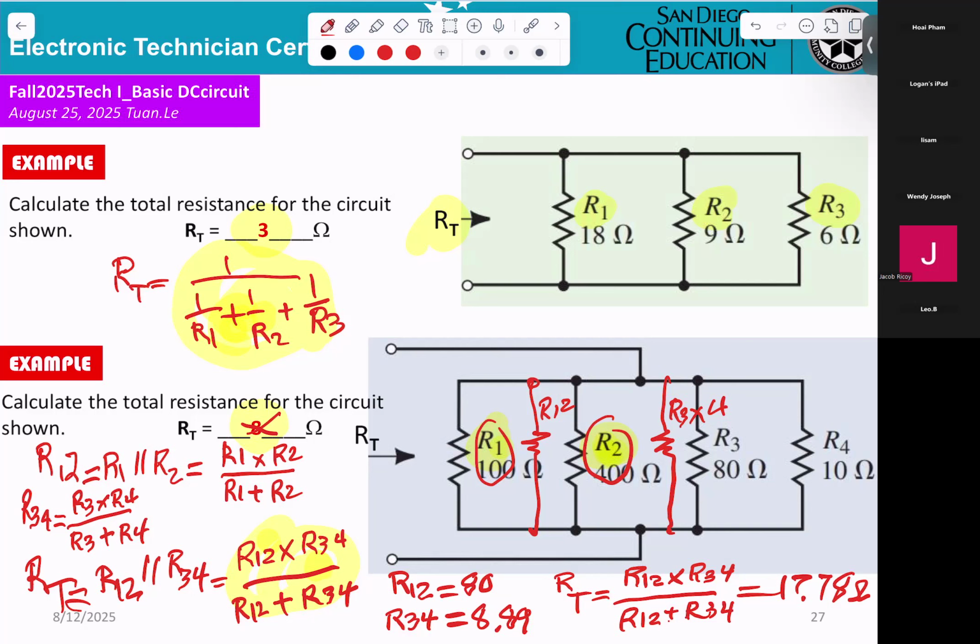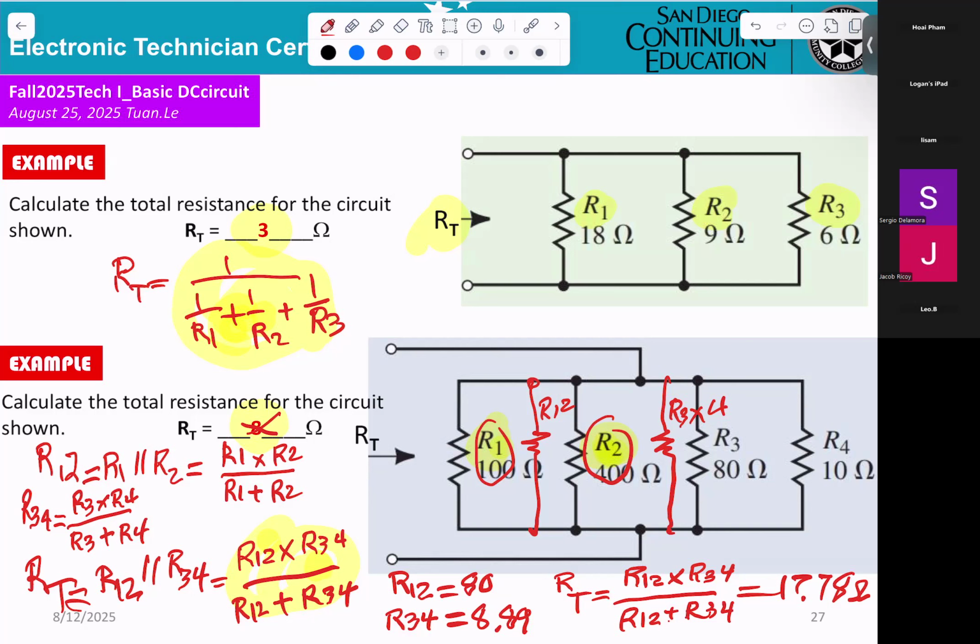I think I calculated 17.8 ohm, but I don't know for sure. I got 8.00. Yeah, that's what I got too. So you get the right answer like we saw.